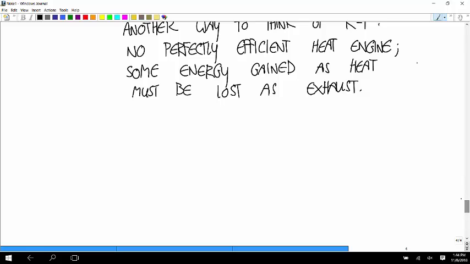There's a mathematical form of this law too.